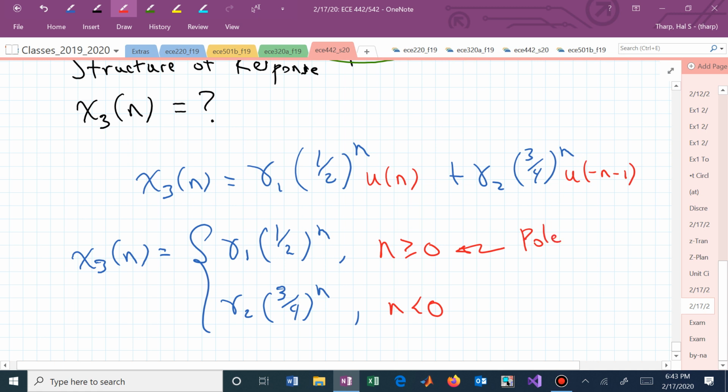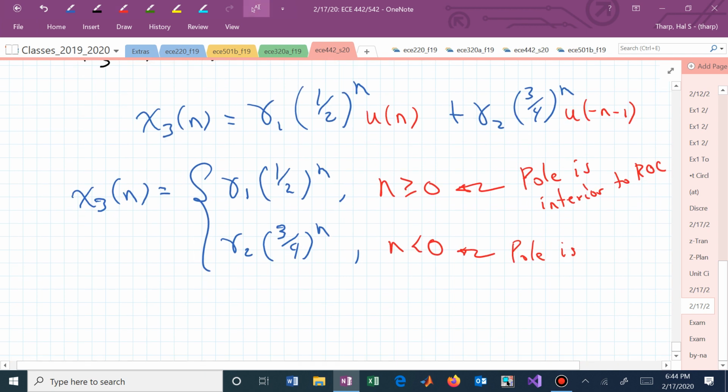The pole was interior to the region of convergence, or you could say the region of convergence was exterior to that pole, however you want to say it. But now to be consistent, let's say this pole is exterior to the region of convergence, or the region of convergence is interior to that pole.